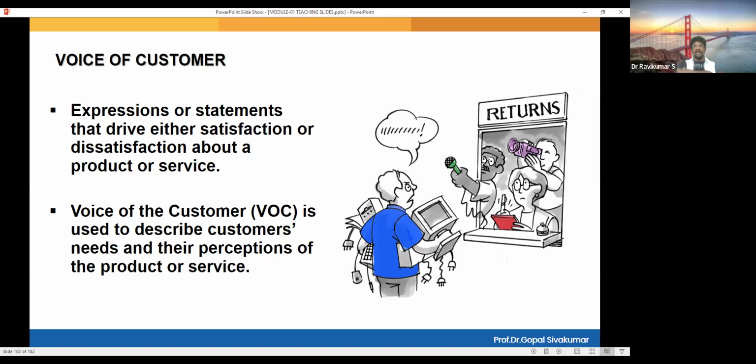When it comes to customer feedback, he'll be saying just good, bad, or some kind of expression or comment, or even nowadays some kind of emoji. So our job is to convert that voice of the customer into measurable, specific, and understandable data, so that we are able to identify the main primary problem that is existing in the process.